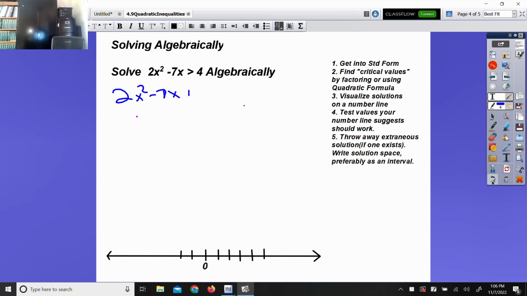It says you can find your critical values by either factoring or using the quadratic formula. What are your x's? You got to find critical values, your x's. So see the factors. Factoring is way quicker than the quadratic formula.